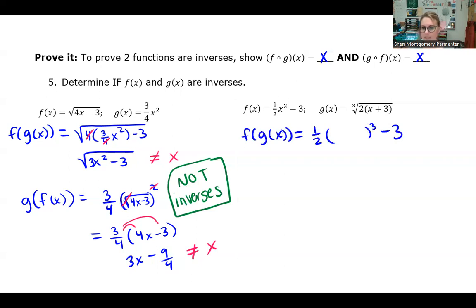And inside my space, I'm going to write the g of x function. PEMDAS tells me that I've got to work with those parentheses first. And inside the parentheses, I am cubing and cube rooting. Those are inverses, so they undo each other.